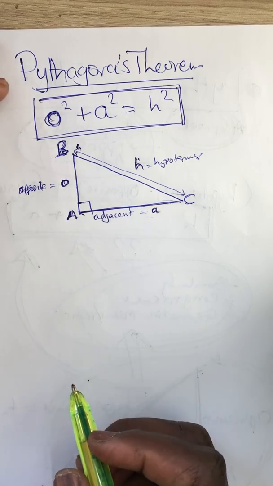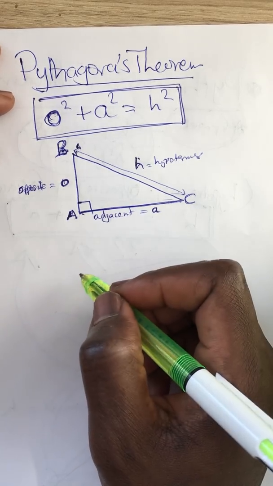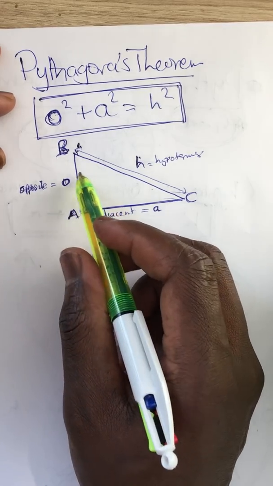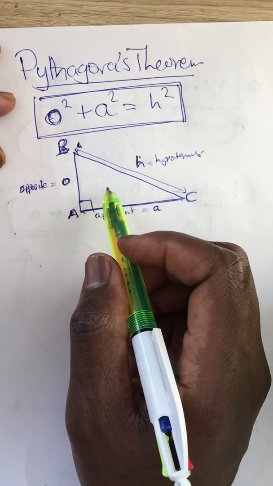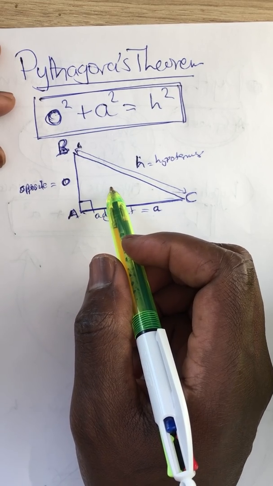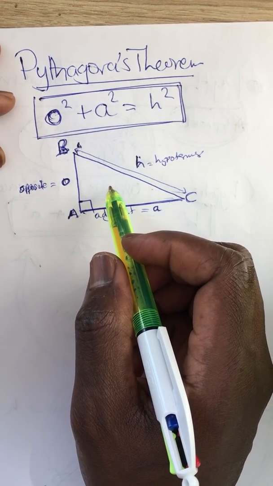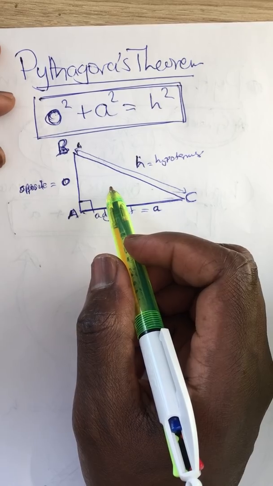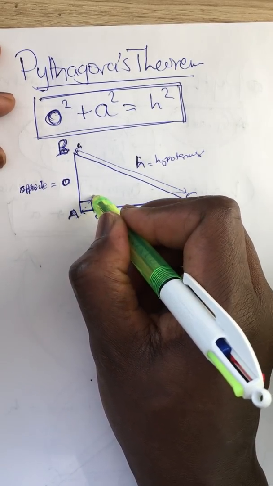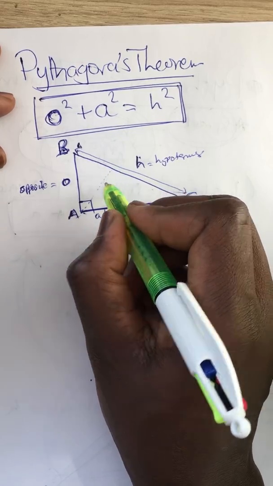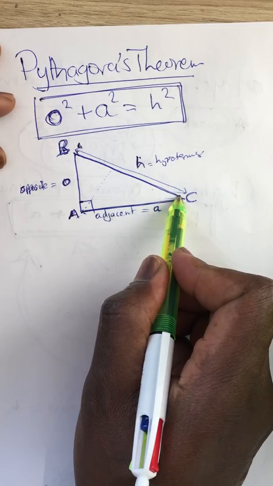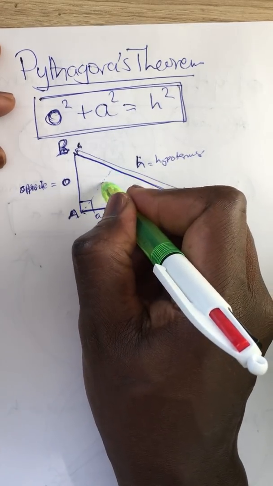So we are going to apply what is called an altitude to split this triangle into many triangles, because we want to use similarity and congruency, which requires at least two triangles for us to be certain that we are doing some comparison analysis here. An altitude is a line that intersects a line segment at a right angle.